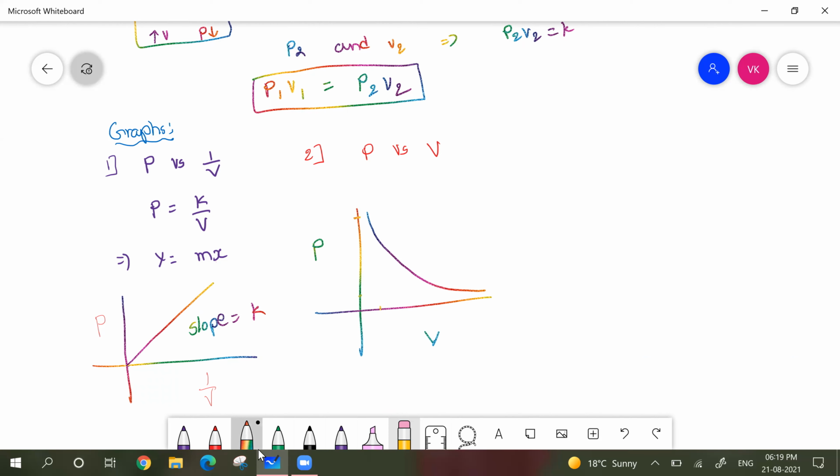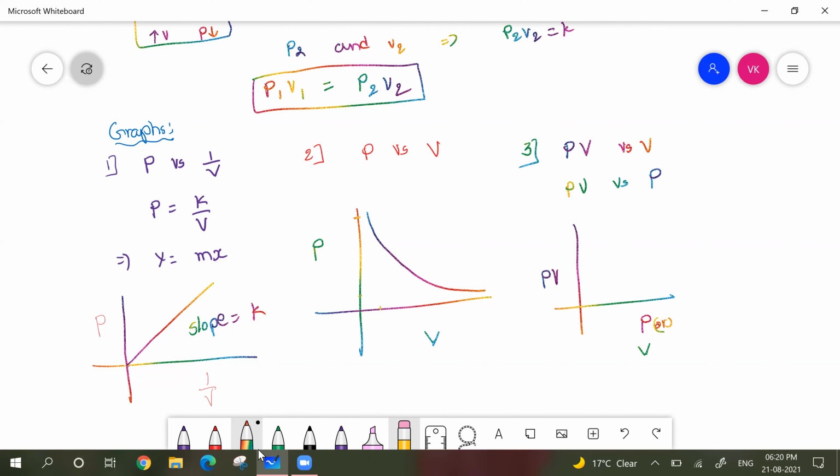Next, let us see the third graph, PV versus V, or PV versus P. You know that the product of pressure times V is always constant. So PV is on the y-axis, and P or V, both are the same, students.